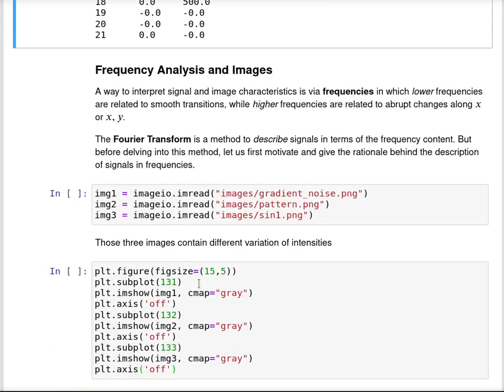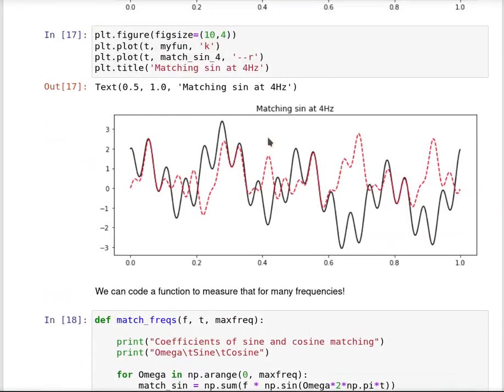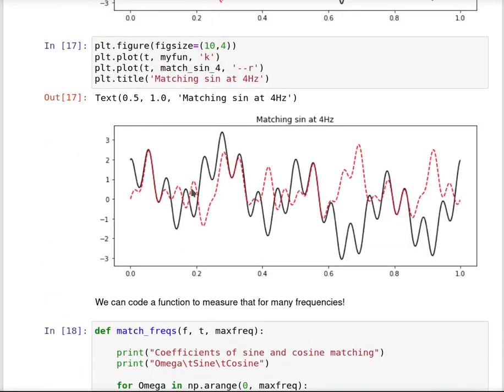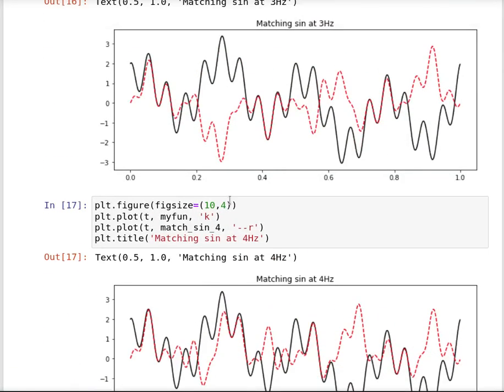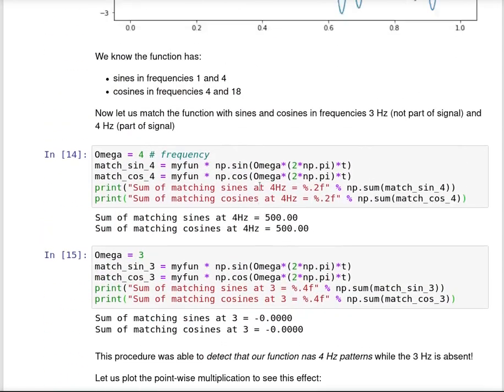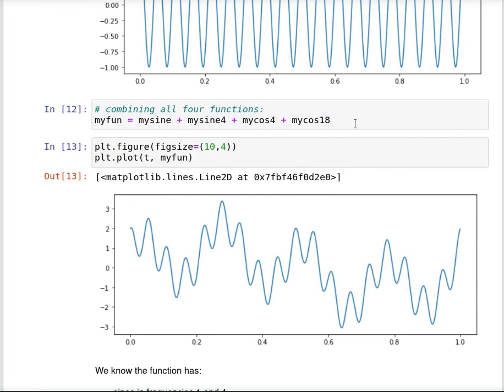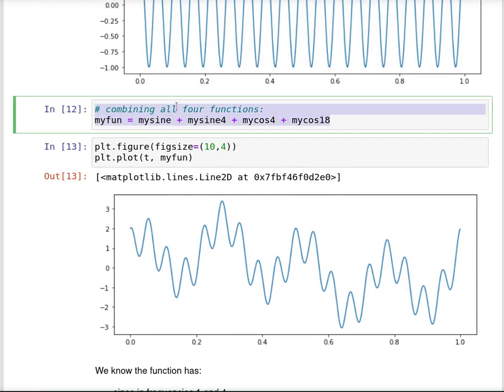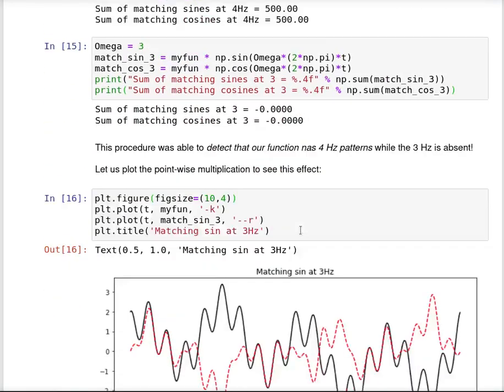Let us see how we can do that, but by using images. In images, we don't have this type of fixed or well-behaved functions as we did here. This is a function that we created artificially by using sines and cosines.